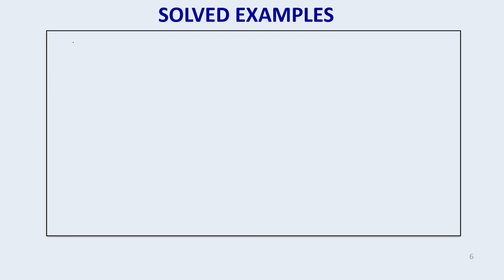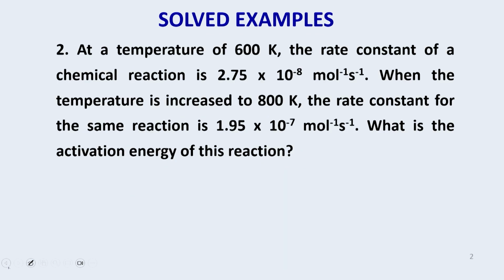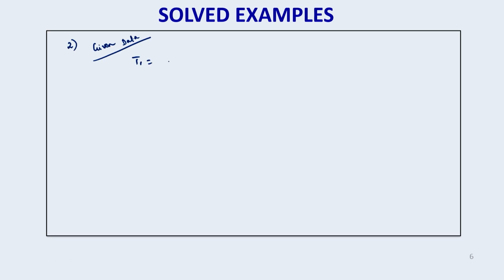This is the second numerical question based on Arrhenius model. Let us write the given data. Two temperatures and two rate constants are given, so let us use T1, K1, T2 and K2. T1 is 600 Kelvin, and T2 is 800 Kelvin.